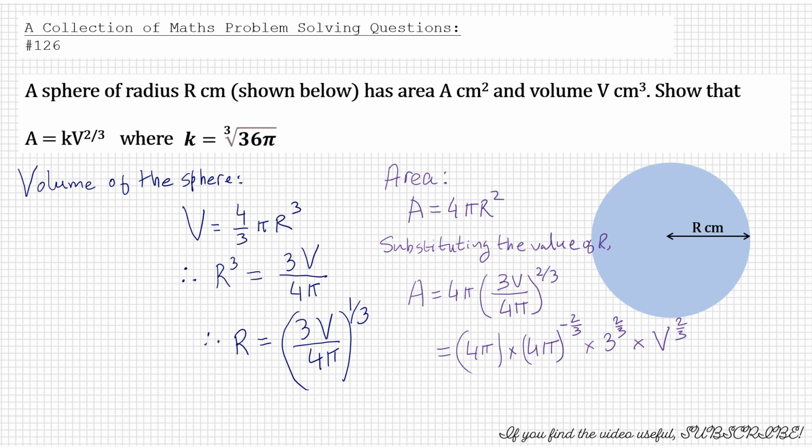Now this 4 pi that's in the denominator has a power 2 out of 3. I'm bringing it up to the numerator, so I'm giving it the power minus 2 out of 3.